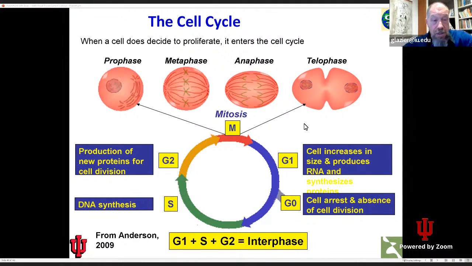After that separation has happened, there has to be a new cell membrane, and there's a physical division of the cell. What we call mitosis really is just the actual division of the cell, but even that takes quite a few steps. We have prophase, metaphase, anaphase, telophase, and that is inside of this longer cycle.